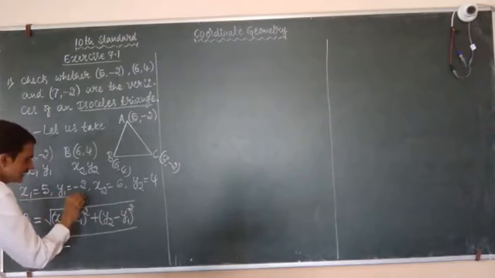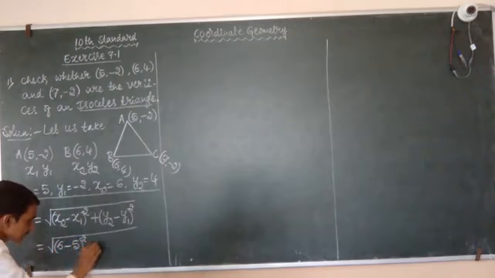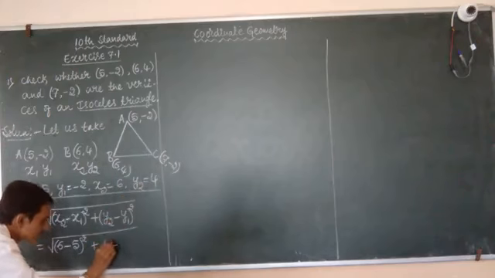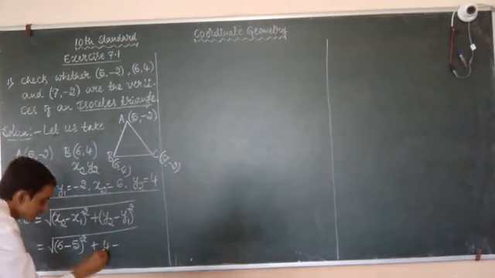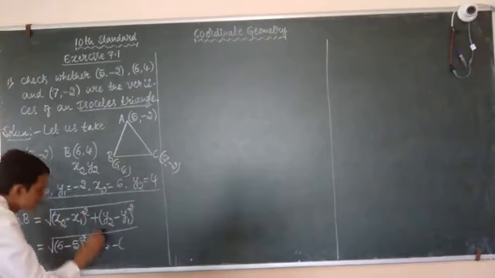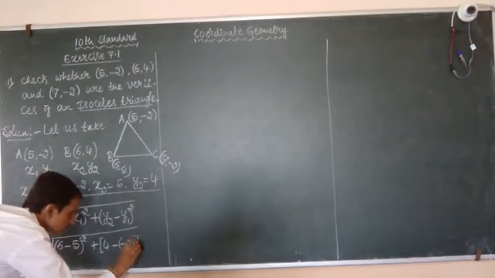So 6 minus 5 whole square plus y2 is 4, 4 minus y1. So y1 is minus 2. Therefore here we have to write 4 minus of minus 2 whole square.